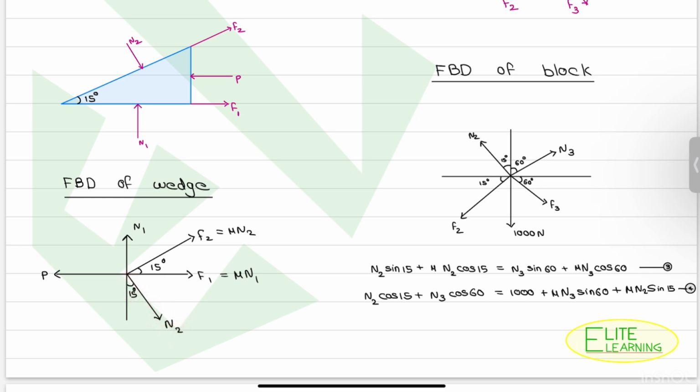I can explain that, because let us consider a horizontal, so it will be 15 degrees.